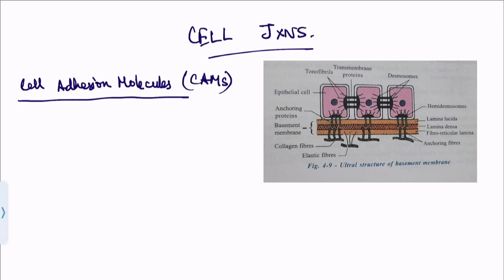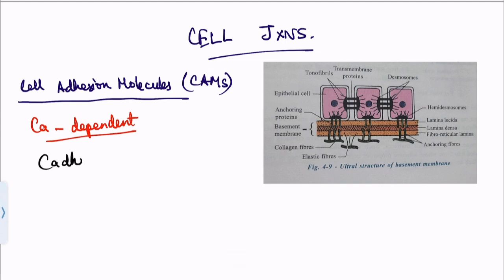So first of all, we are going to learn about the calcium dependent ones. They are cadherins. So cadherins, strong intercellular adhesion.